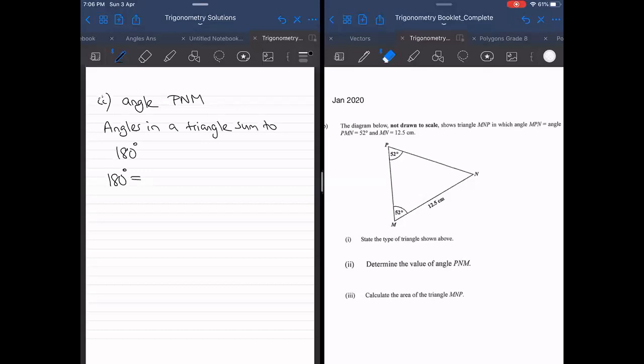So 180 is equal to 52 plus 52 plus the missing angle.